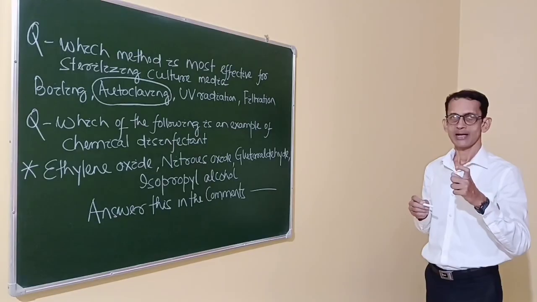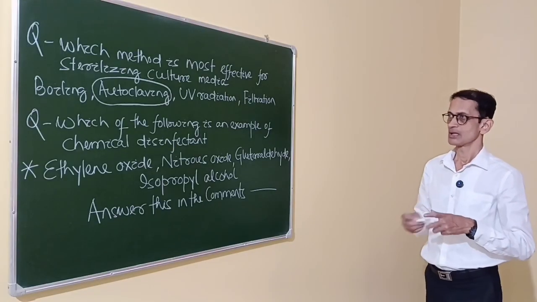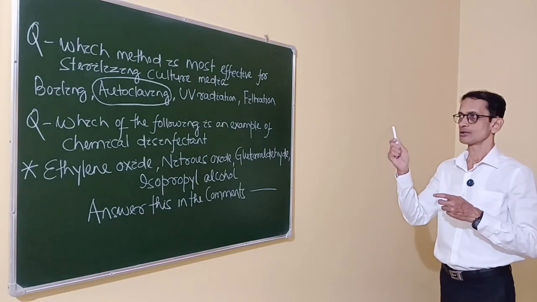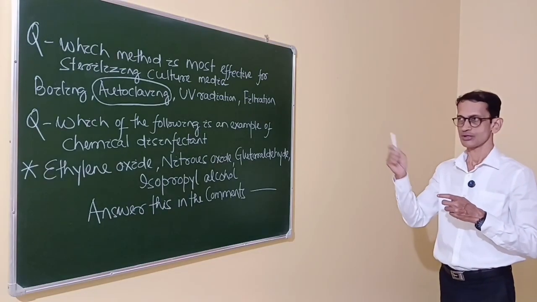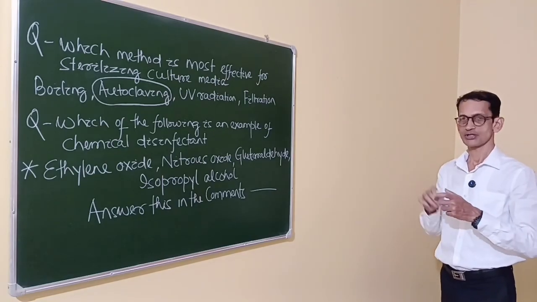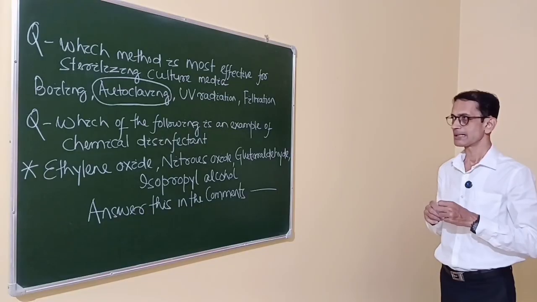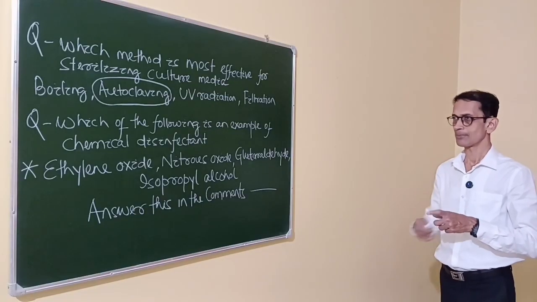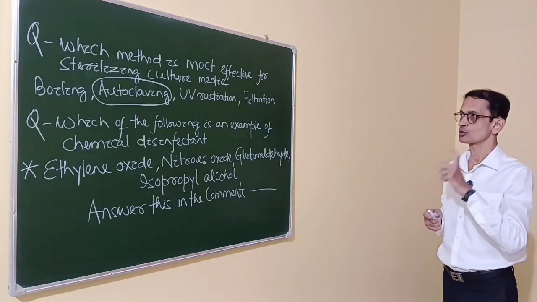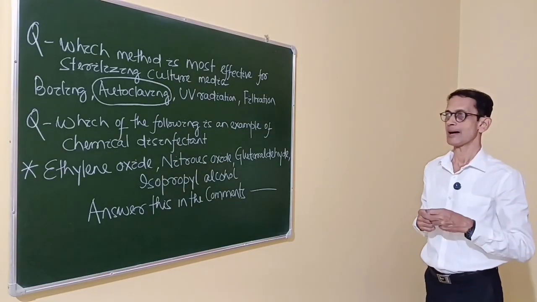Because many times the culture media also gets contaminated. So the options here, boiling, autoclaving, UV radiation, and filtration. Naturally boiling is not possible. UV radiation also will damage the culture media. Filtration is not applicable. So finally the answer is autoclaving. Autoclaving is the most effective method for sterilizing culture media.